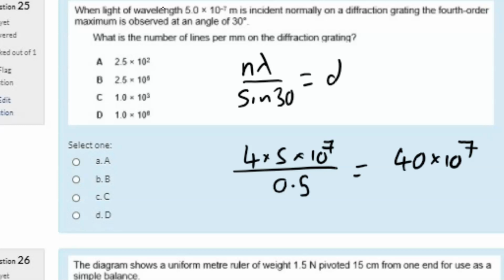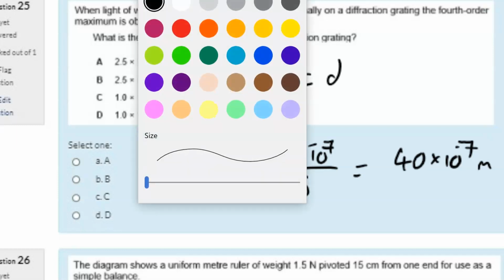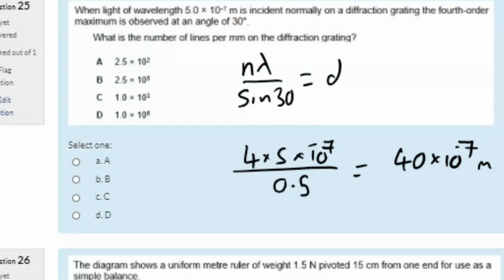That's in meters. So that equals D. So we need to do 1 over D, well, 1 over 4 is going to be a quarter, so I know it's going to be one of these two.